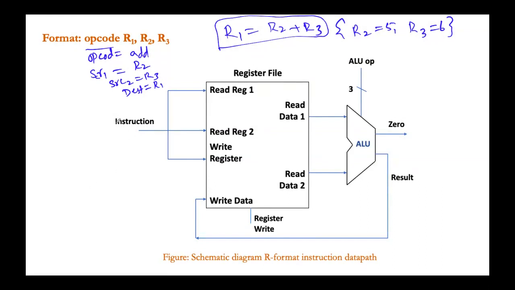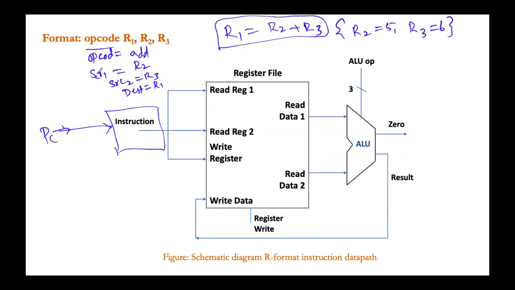So when the program counter gives the output, it is given as an input to your instruction memory.